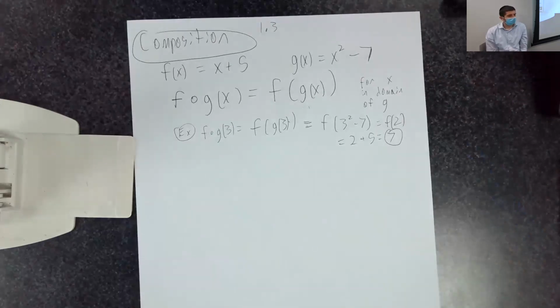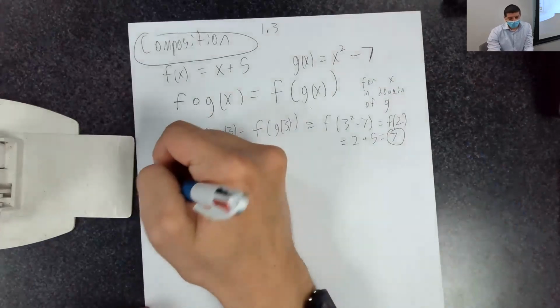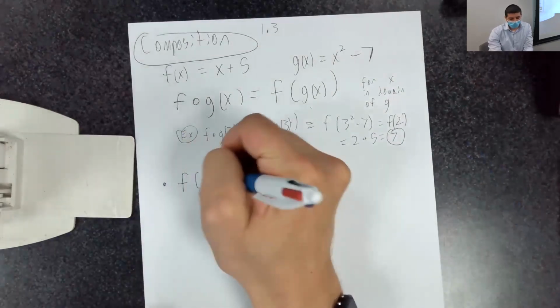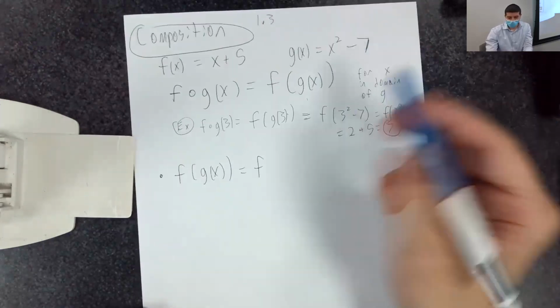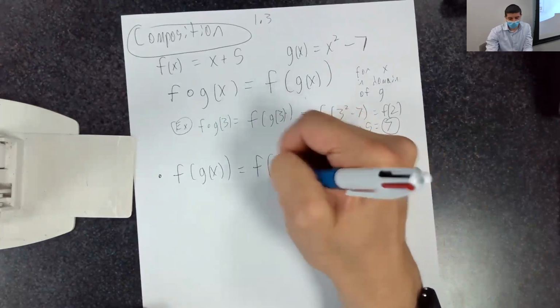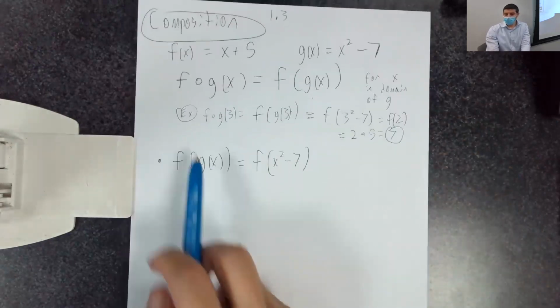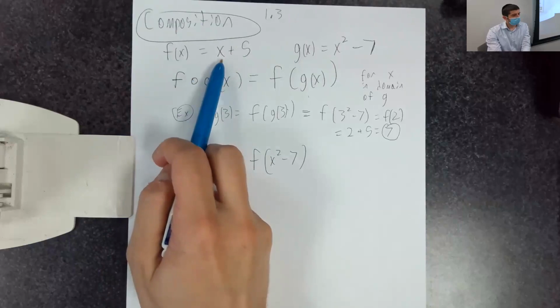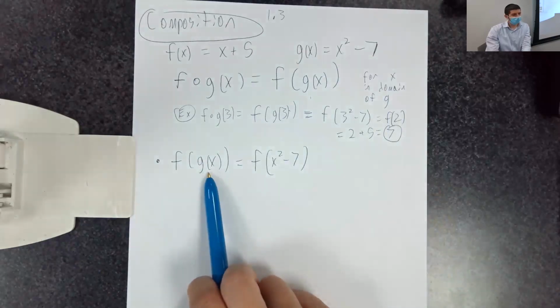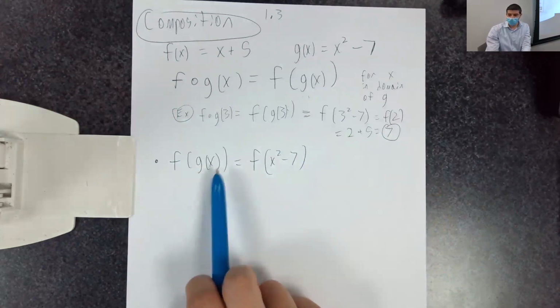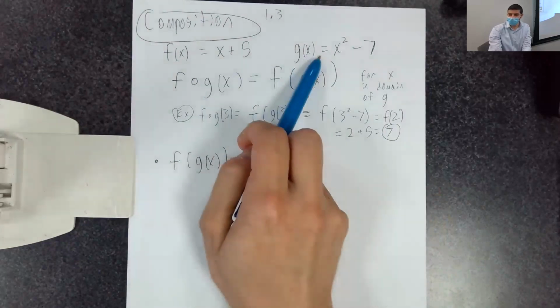So I'm plugging one function into another. Now f of g of x, I could even write the whole thing as a function, where g of x is x squared minus 7. Wherever I see an x for f, that x is getting replaced by g. That's what f of g is. You could think of the whole input as being g of x. So x is getting replaced by g.